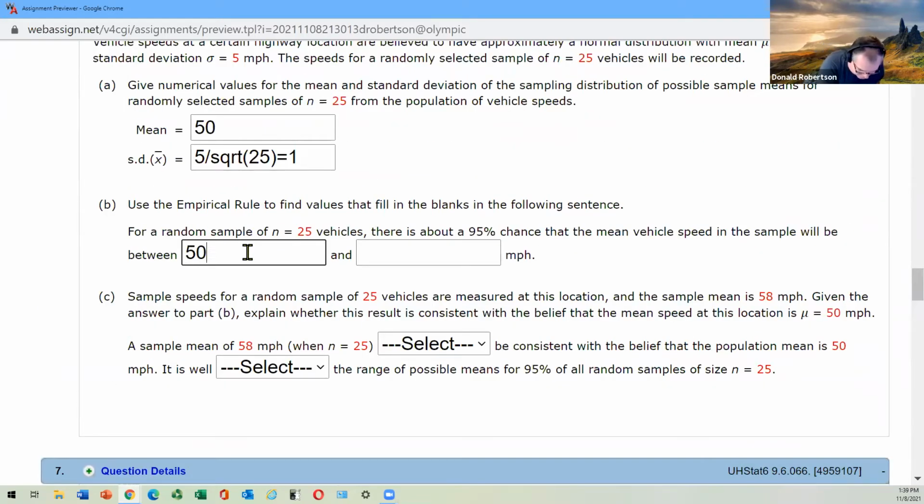So it's going to be 50, take away 2 standard deviations. So it might be as low as 48. And then it's going to be 50 plus 2 standard deviations. And it might be as high as 52. That's what we would expect a normal kind of sample of 25 vehicles to give you.